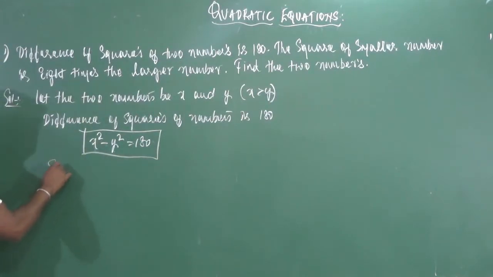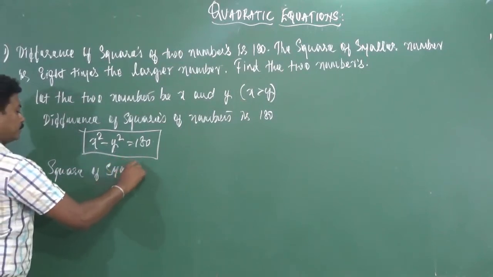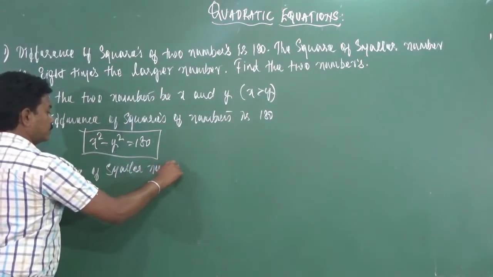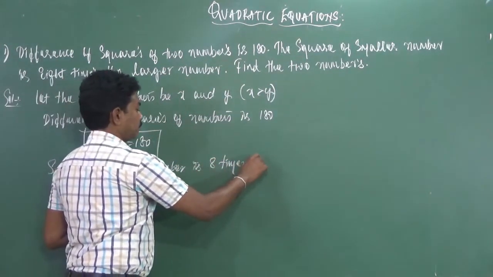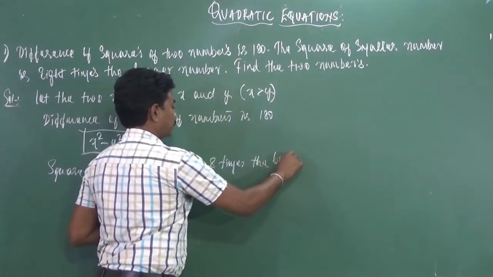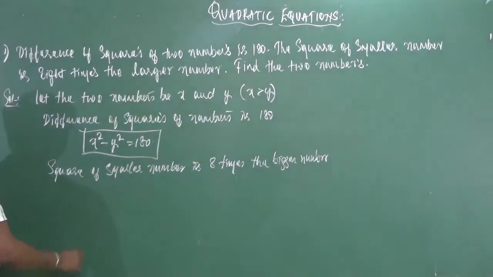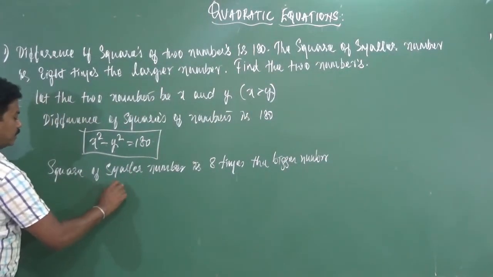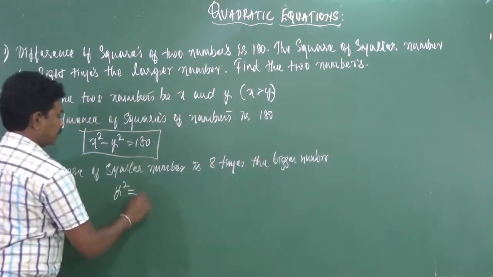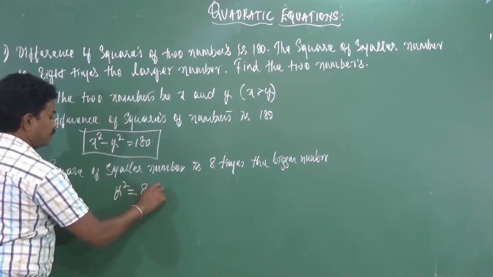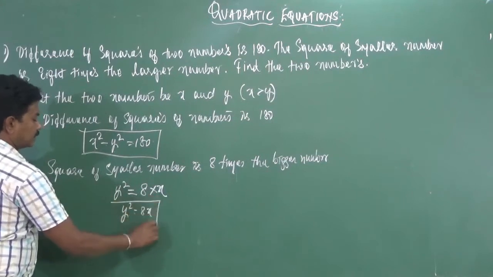Square of smaller number is y square, equal to 8 times the bigger number, that is x. So therefore y square is equal to 8x, right?